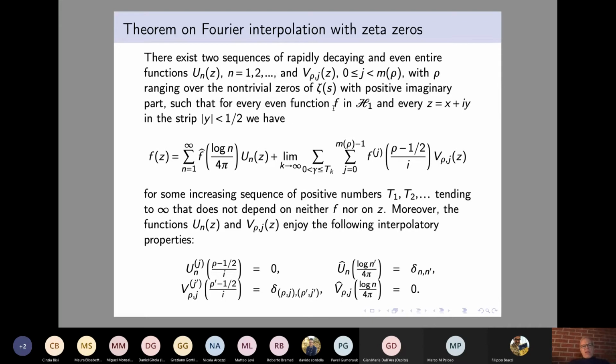Okay, so this function f in H1 can be represented at every point as a sum of two terms.